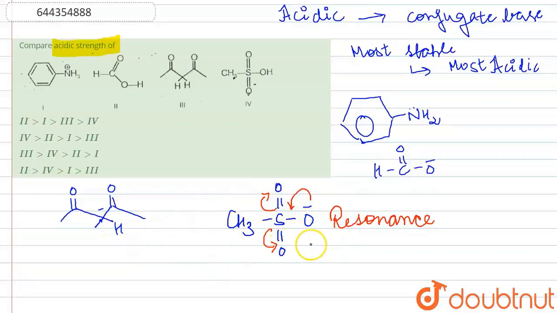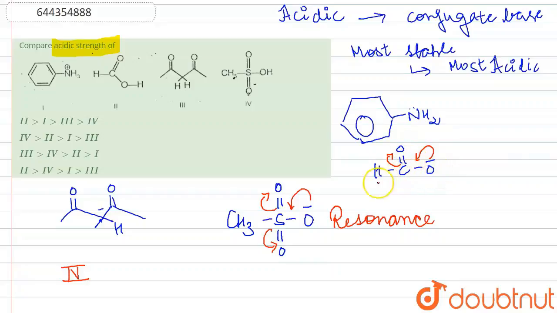And this is which option? This is option number 4. So option number 4 is the most acidic one here. Now if you look at the other options, this is option number 2, HCOO negative. Here oxygen again will undergo resonance, so there will be 2 oxygen atoms in conjugation with each other carrying negative charge.